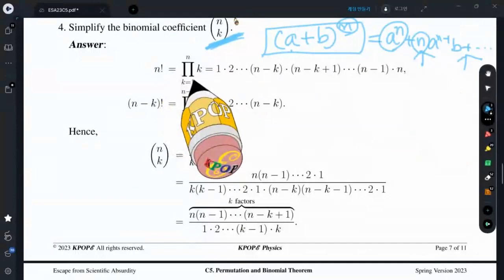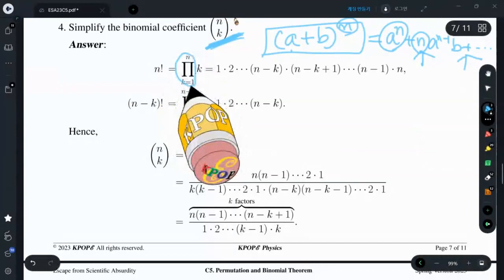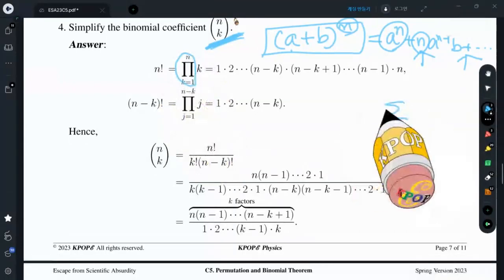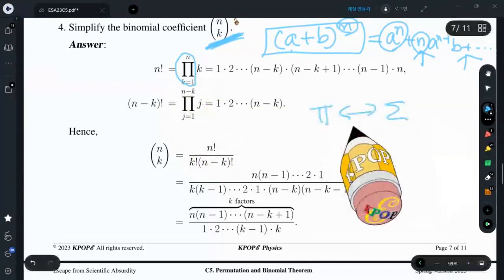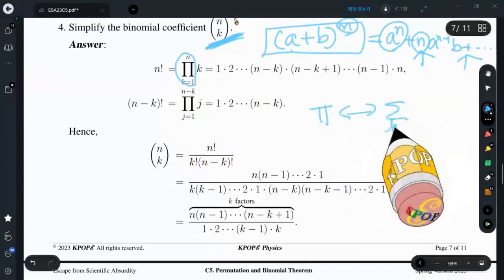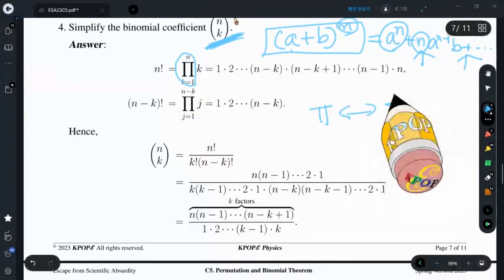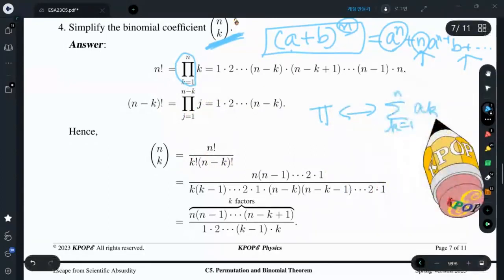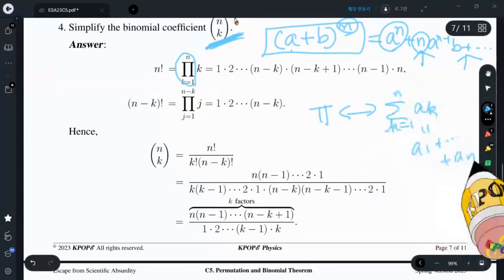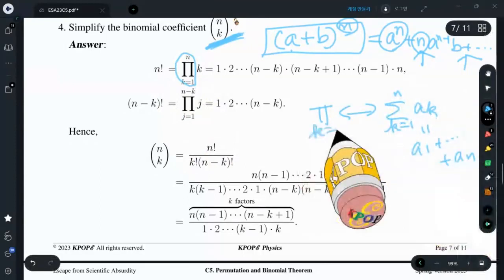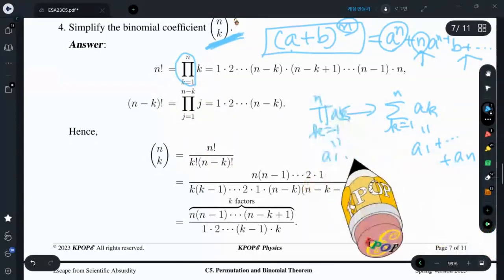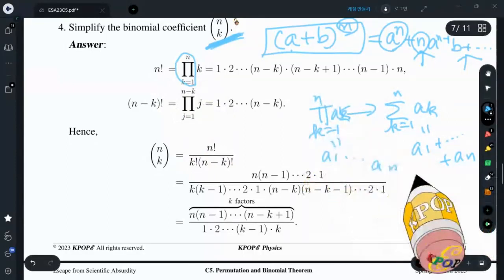And there is a special notation, something like sigma. Sigma is a sum, and sigma and pi are the same kind of repeated operation, except that sigma adds a1 plus up to an, while pi multiplies the ak. This one is a1 through an, multiplication.